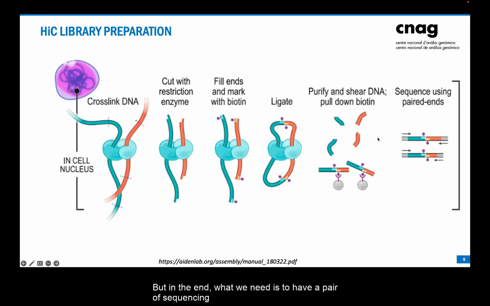But in the end, the aim is to have a pair of sequencing reads that comes from a hybrid molecule that contains two different parts of the genome, let's say two different chromosomes, that are attached together and were in close proximity, in contact in the nucleus.